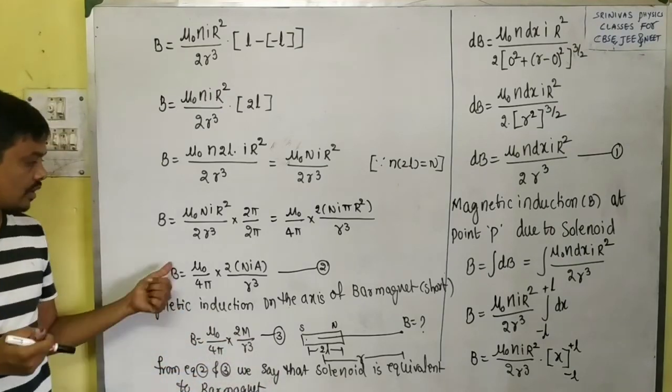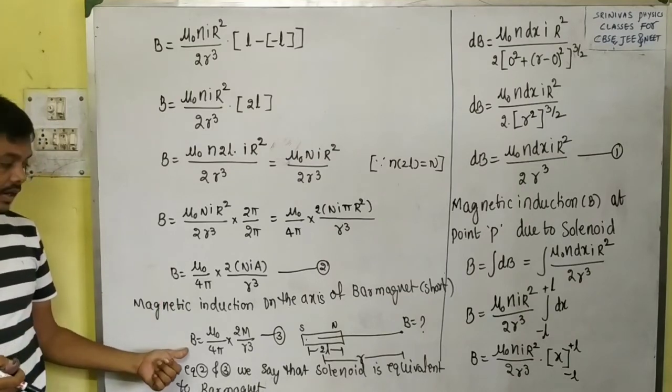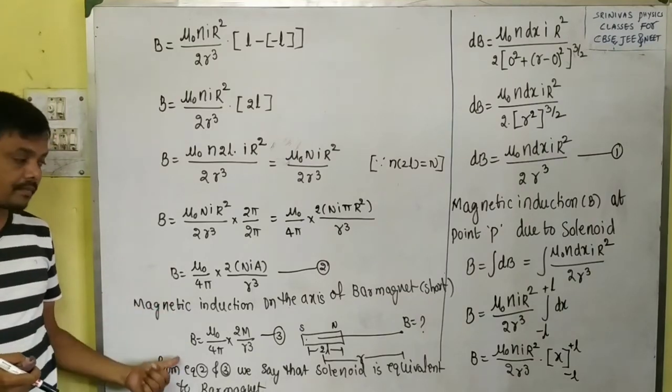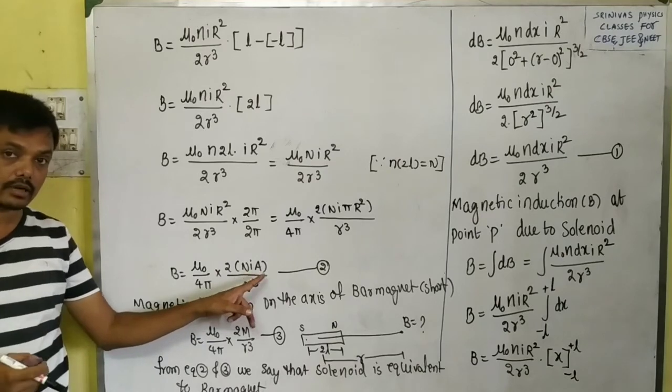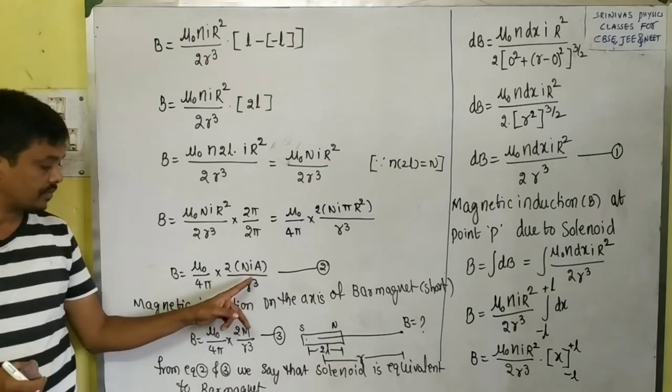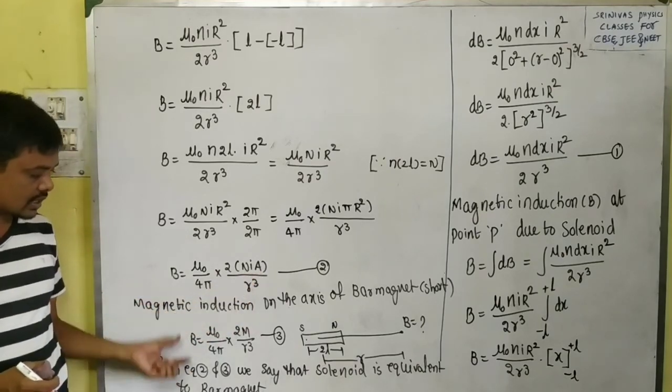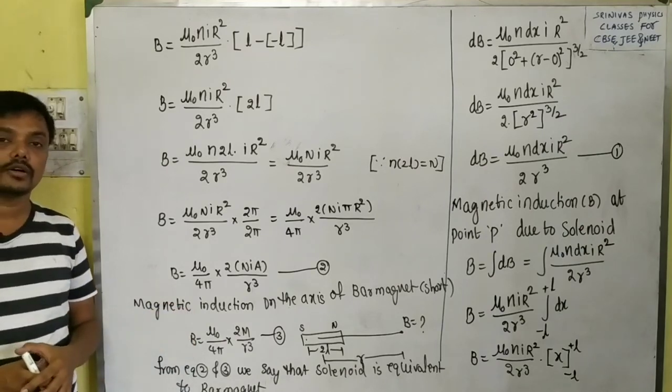Why? Because the solenoid formula and the bar magnet formula are similar, and this N I A is also the magnetic moment of a current carrying coil.